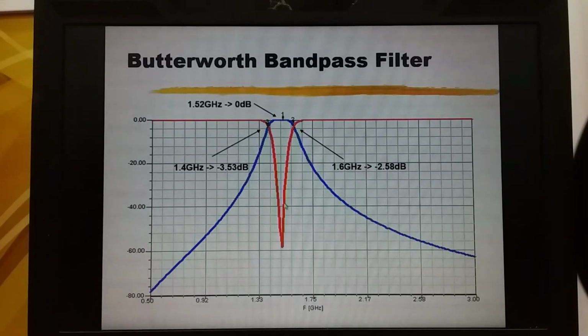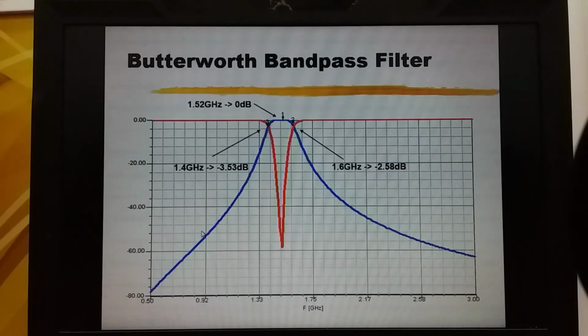Low reflection coefficient means there is very little reflection because most of the microwave energy is transmitted. Whereas in the stop band, most of the EM energy is reflected, therefore reflection coefficient is close to 0 dB and the transmission coefficient is very low.